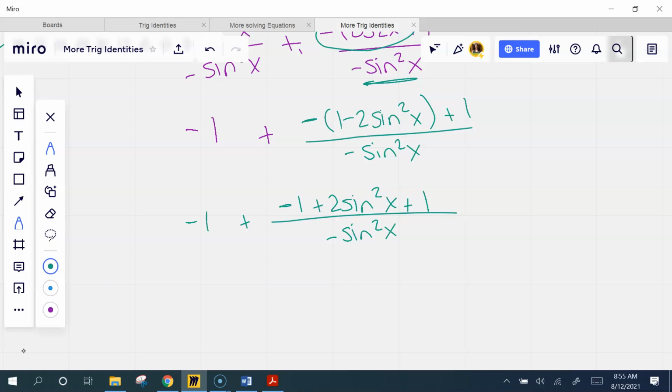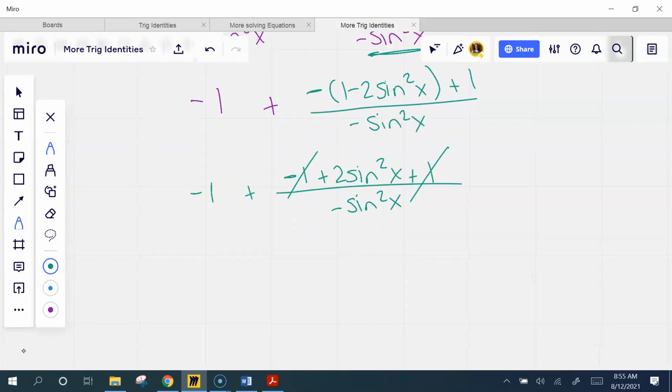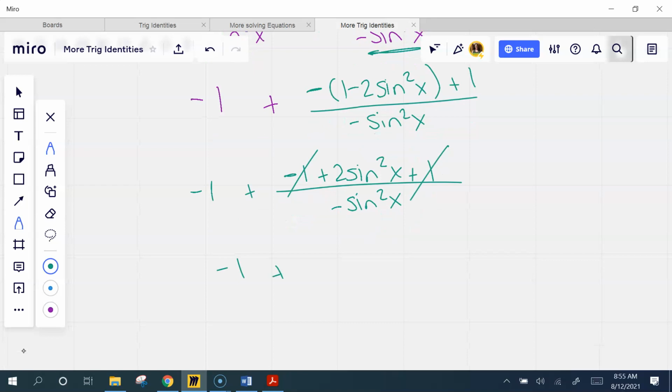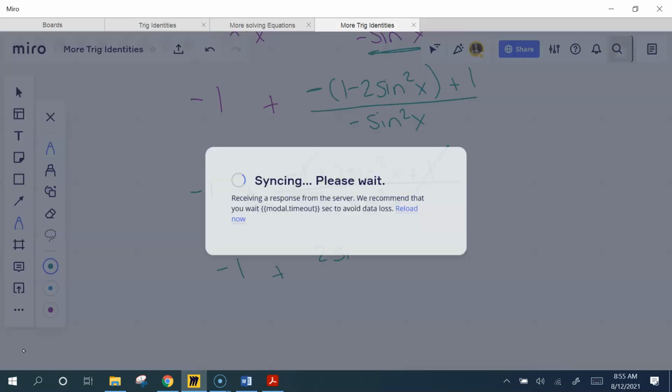It will, but not yet, because first, the ones on the ends. Wait, so you put the -1 over 1. This cancels first. But you're right. It does. But not first. All right, so I have -1 plus 2 sine squared.